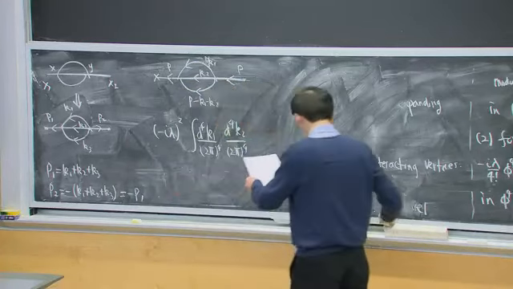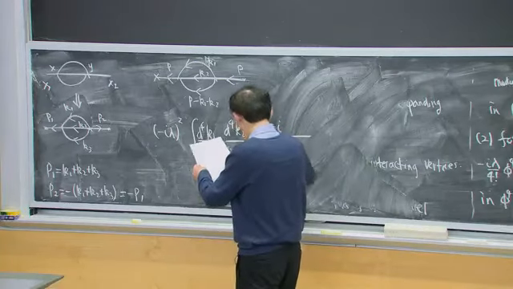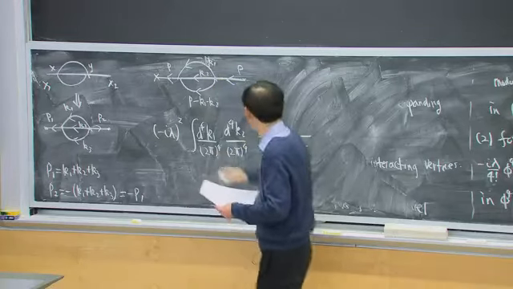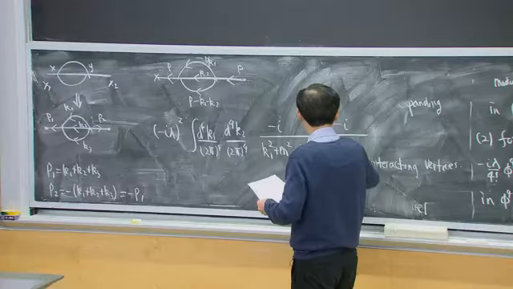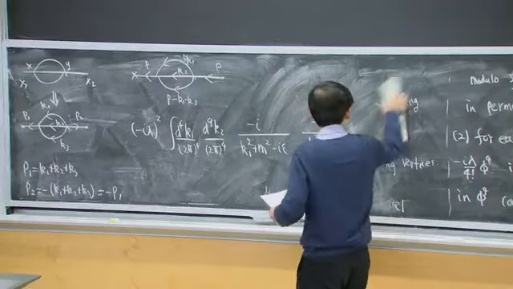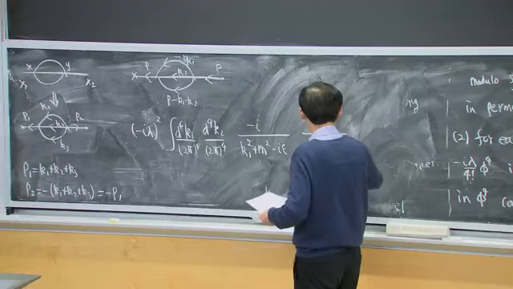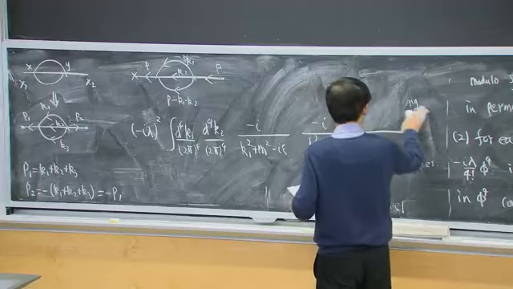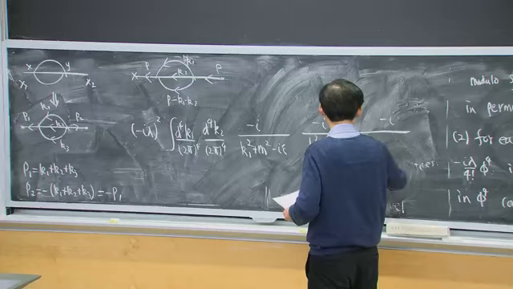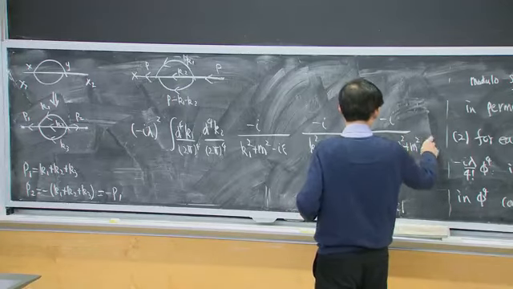We have minus i over k1 squared plus m squared minus i epsilon corresponding to this one. Then minus i over k2 squared plus m squared minus i epsilon, times minus i over (p minus k1 minus k2) squared plus m squared minus i epsilon.